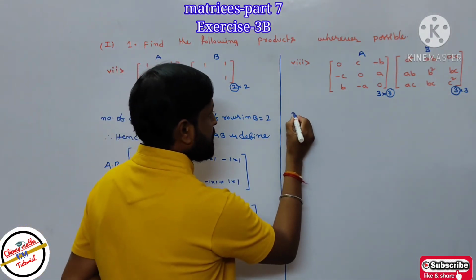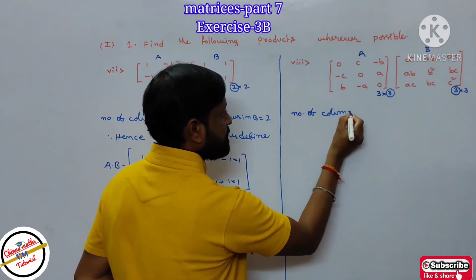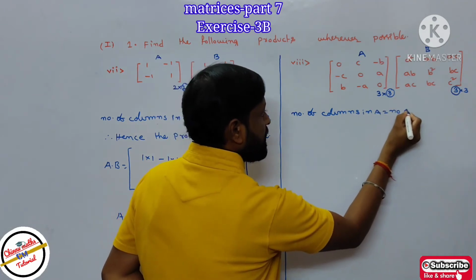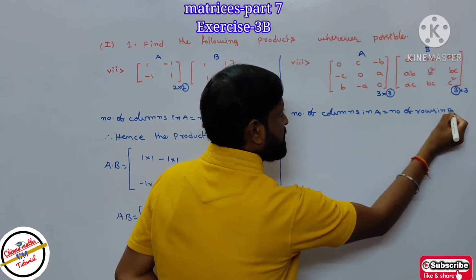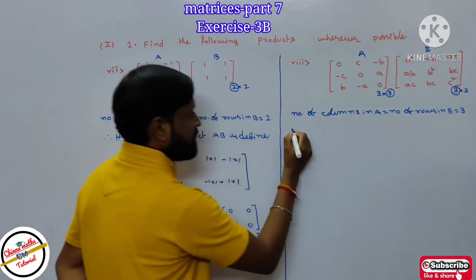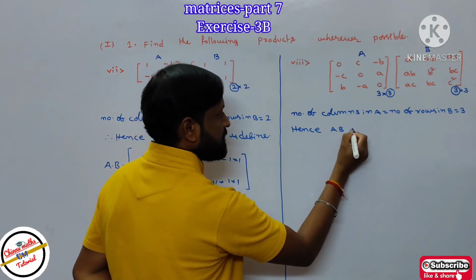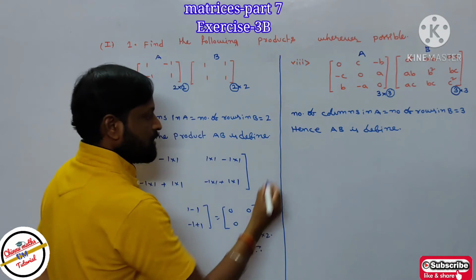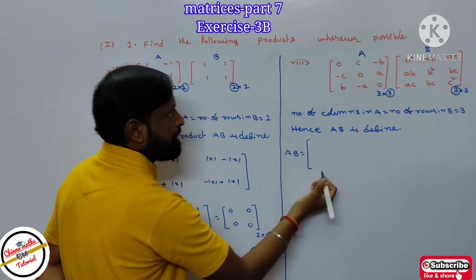So the number of columns in A equals the number of rows in B, which is 3. Hence the product AB is defined. So directly you have to multiply A into B.